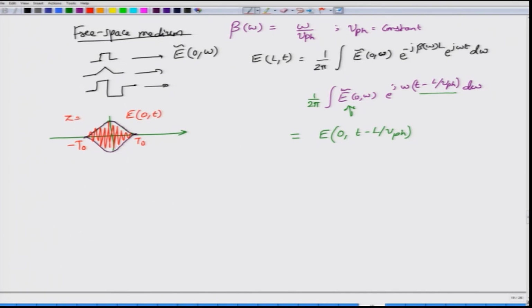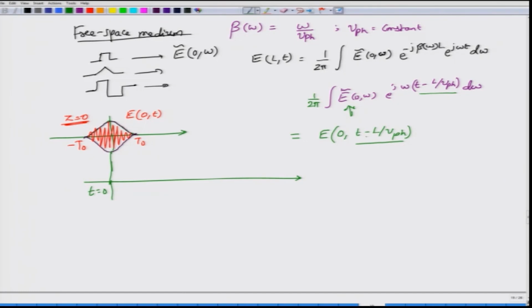that is at the input of the channel, z equal to 0, but at the output of the channel what you have is the same pulse, except that instead of being centered at t equal to 0, you now have the pulse center at L by VPH, because earlier the pulse center was at t equal to 0.